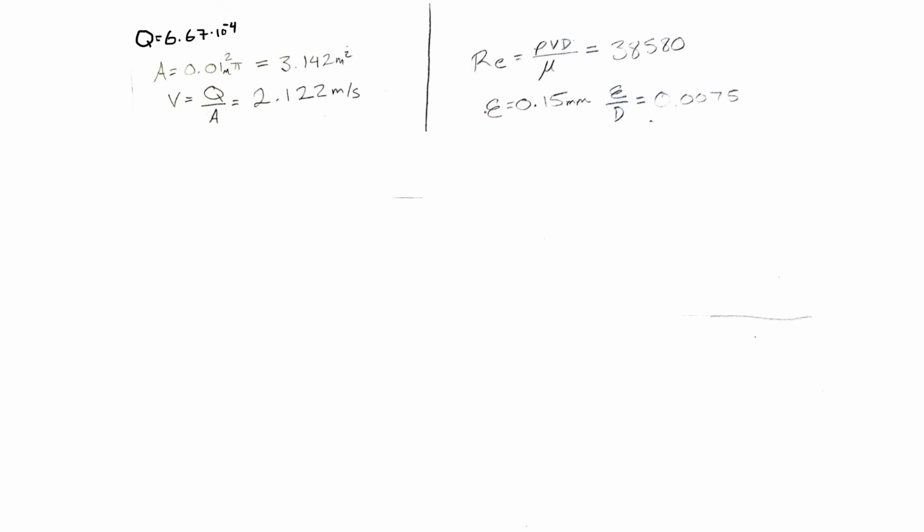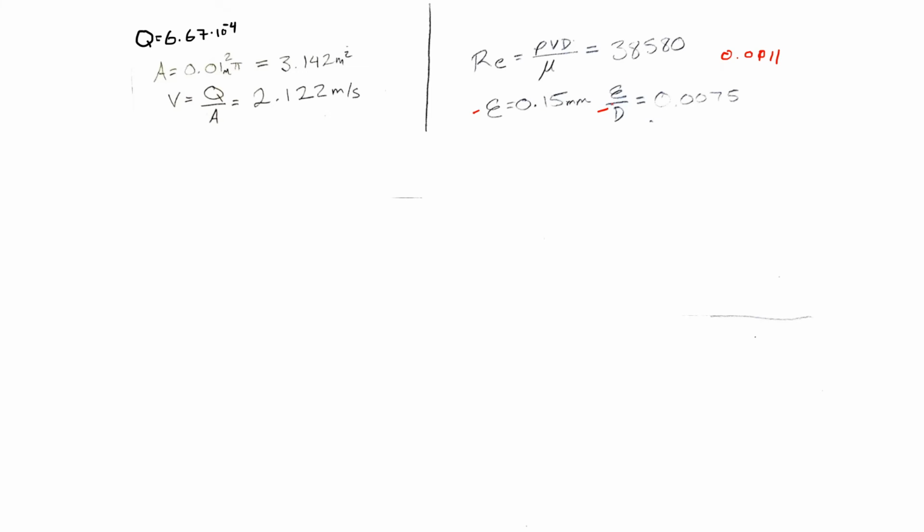So here's our equivalent roughness. This is going to be our relative roughness. And the Reynolds number is 1,000 times velocity, 2.122, times diameter of the pipe, 0.02 meters, over the viscosity of the fluid, which was 0.011.